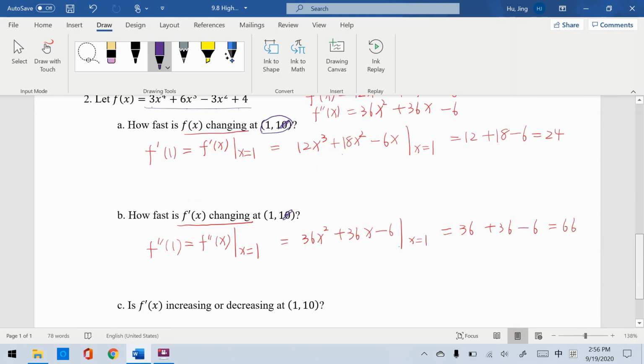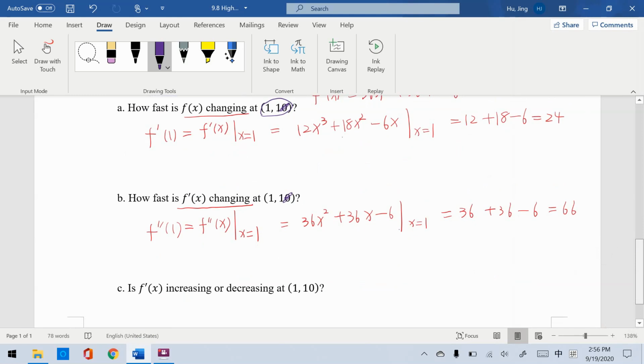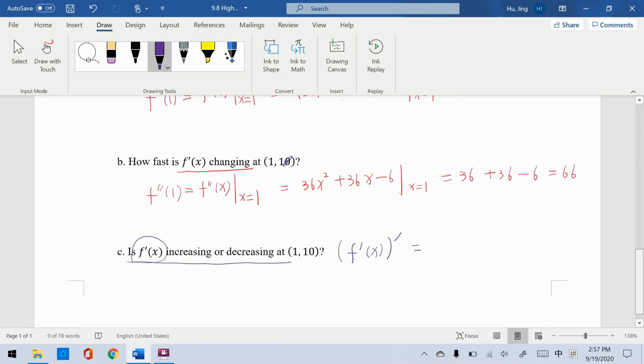And I also have one more. Here it asks whether f prime of x is increasing or decreasing. Because we want to know this, we look at this function and its derivative, that is, the second derivative. If this is greater than 0, we say it's increasing. If less than 0, it's decreasing.